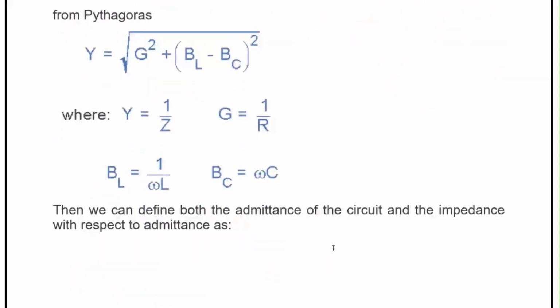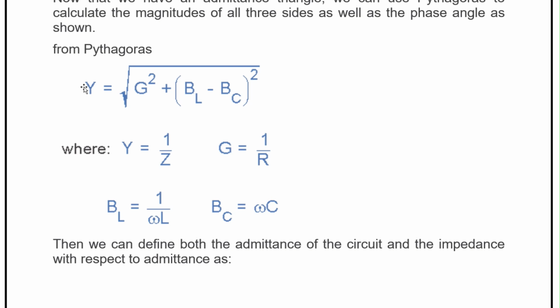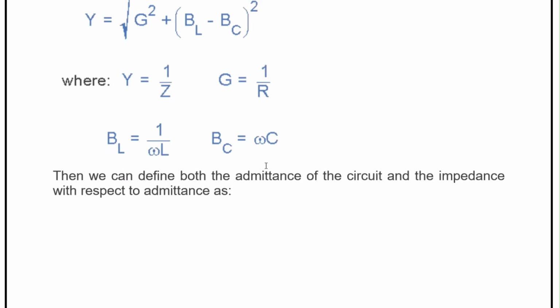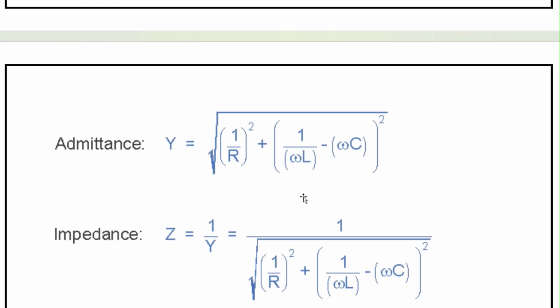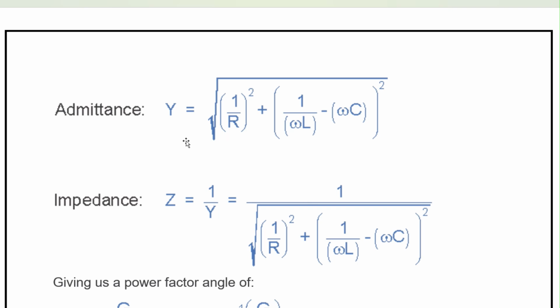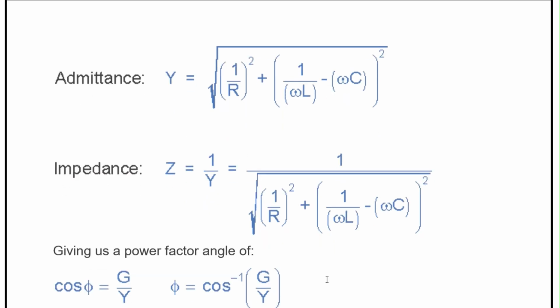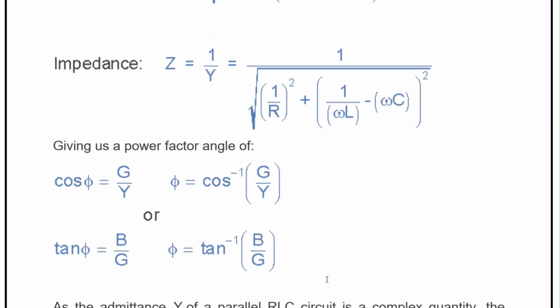Only the defining terminologies are different. The total admittance is the square root of G square plus (BL minus BC) the whole square. The values of Y, G, BL, BC are as I have explained earlier. If you substitute those values, you will get this.